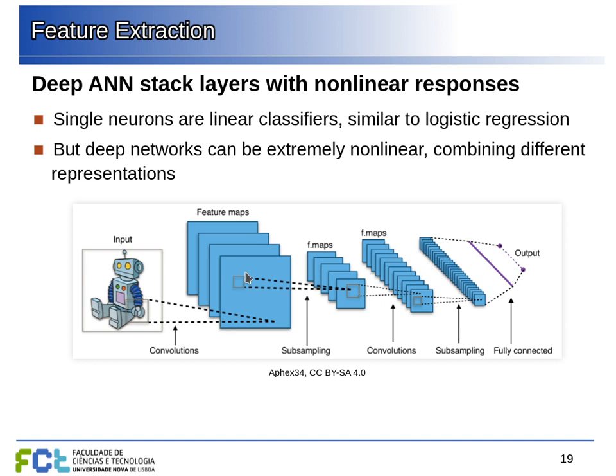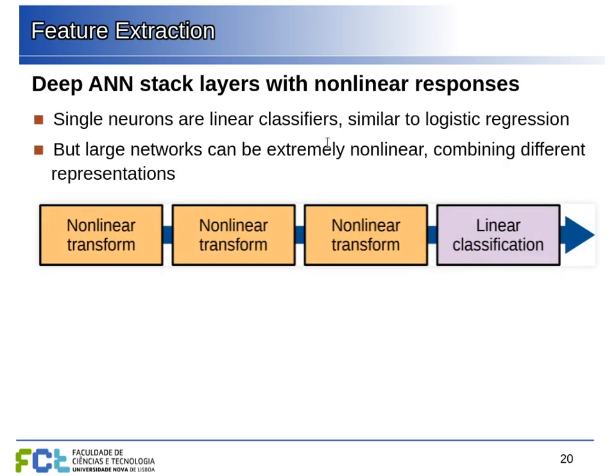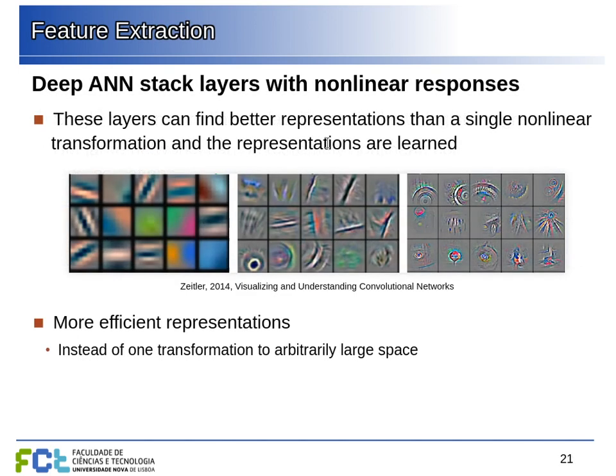So not only are they extremely nonlinear in these transformations because we are stacking many different transformations, but they are learned transformations during the training process. And this is what allows the deep neural networks to find the correct patterns in order to extract the features for the final classification step.